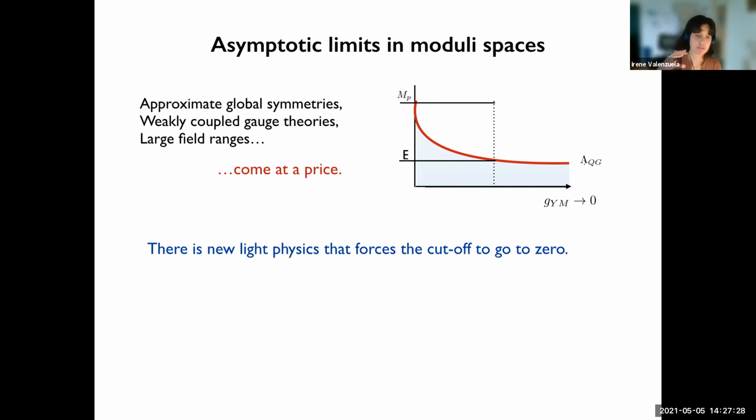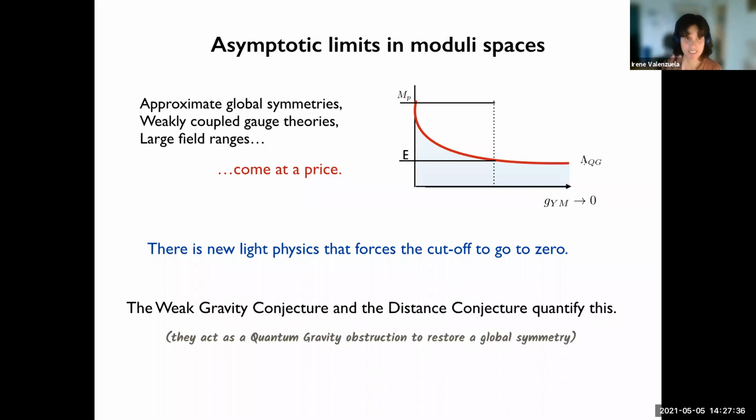And this means that you should get new light physics, new states that are forcing this cutoff to go to 0. And this is what is behind the weak gravity and the distance conjecture. Okay, so they predict the existence of new states that will force this cutoff to go to 0 and act as a quantum gravity obstruction to restore the global symmetry.